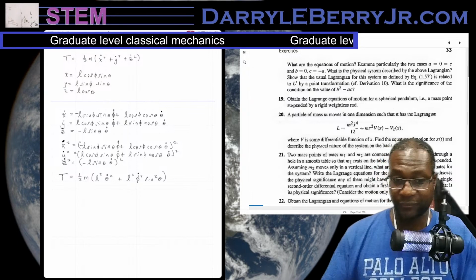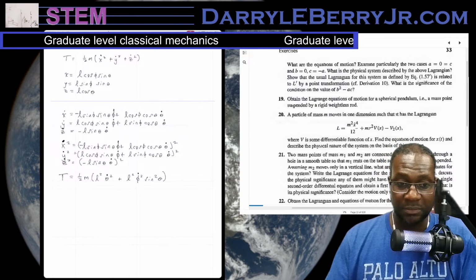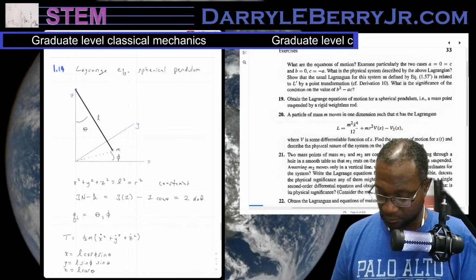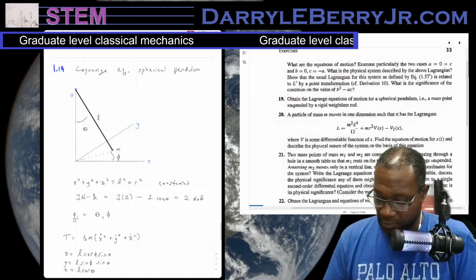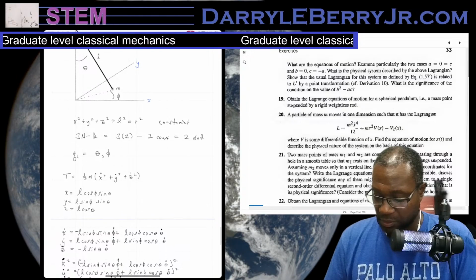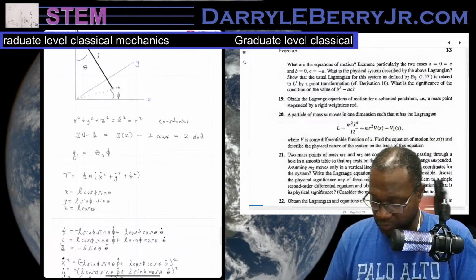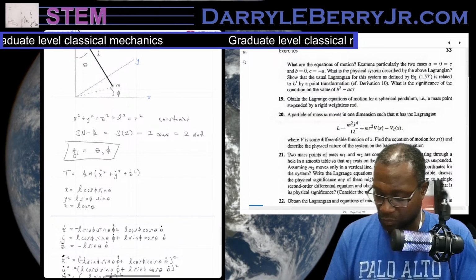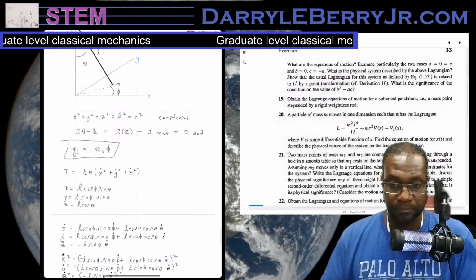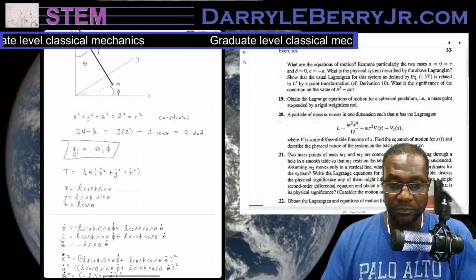So now we have the kinetic energy of the three-dimensional pendulum taken from Cartesian coordinates into spherical, with two generalized coordinates theta and phi, which can each change, right?